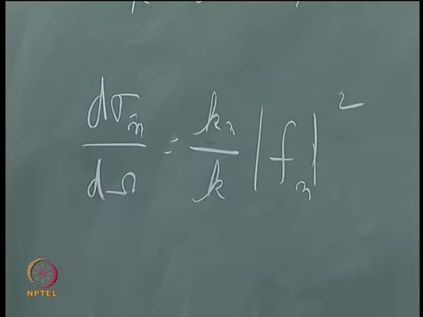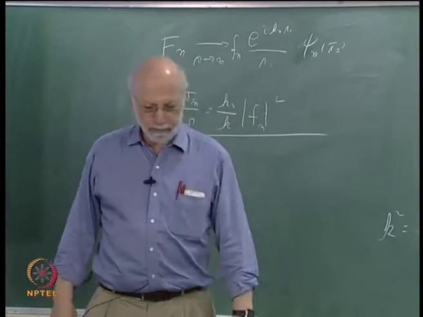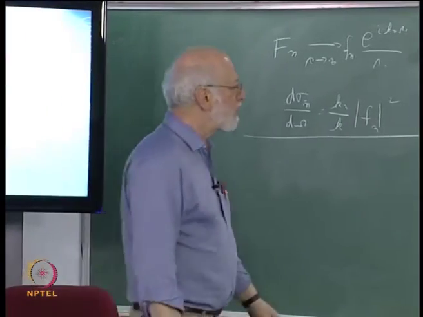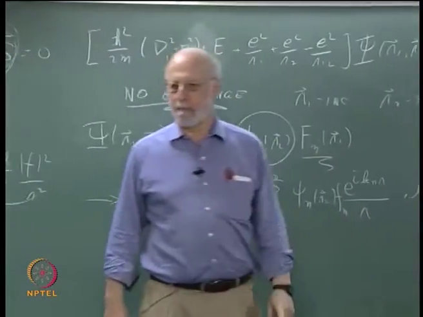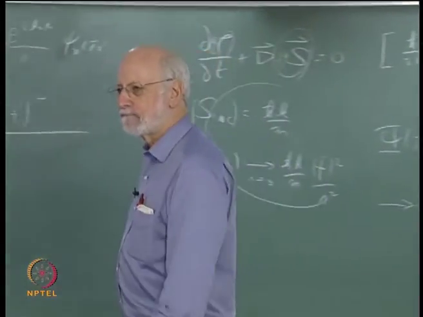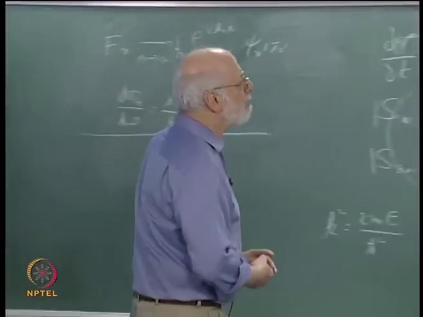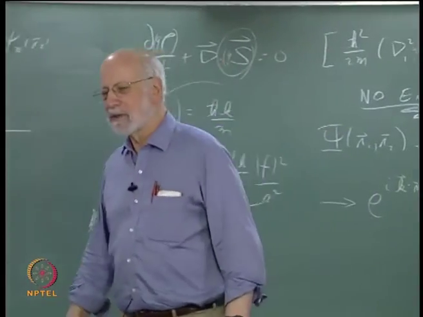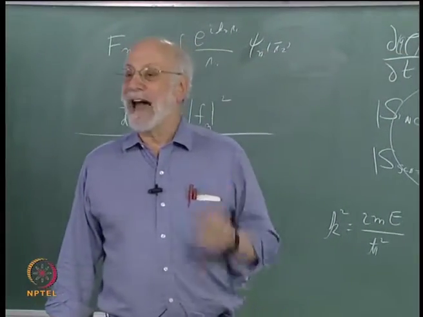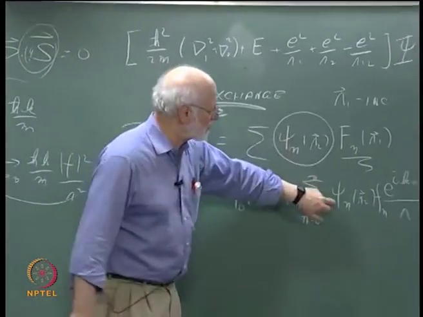All right, now I got to bite the bullet and actually calculate this Fn, which is not easy. Let's say, how am I going to do it? Well, let me take this form, plug it in here. You see, the reason I do it this way, why do I pick this fixed and this I haven't fixed? Because I know, first of all, asymptotically what the wave function is going to be, and asymptotically I'm going to have these by themselves here.